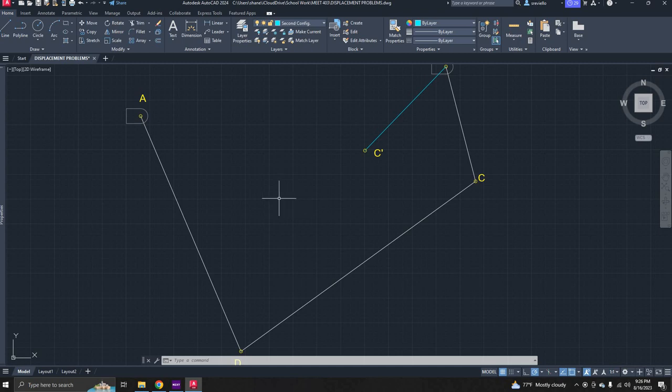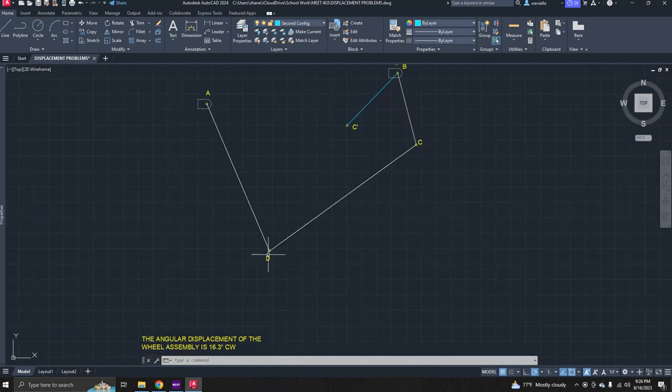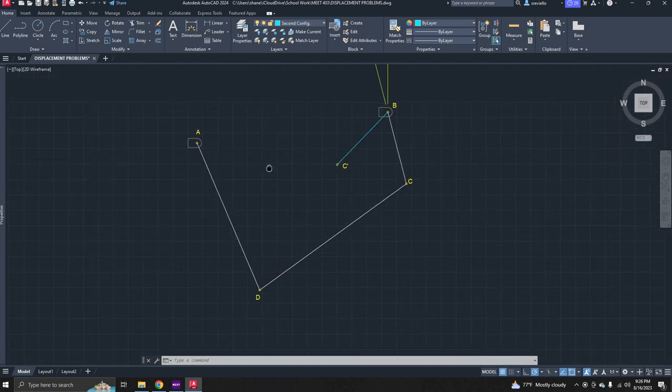Now to continue this problem, we need to figure out where point D is going to be located as our driving link BC, that 12-inch link, has rotated around.